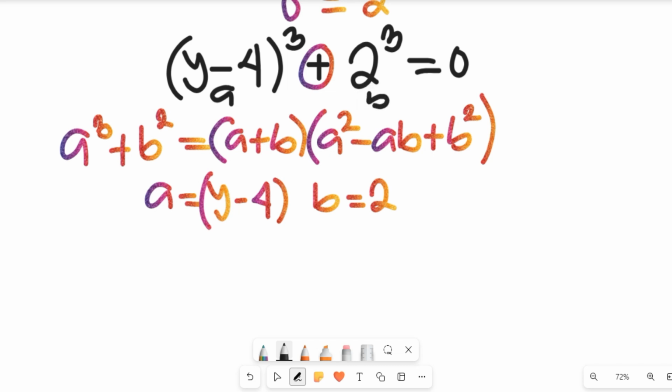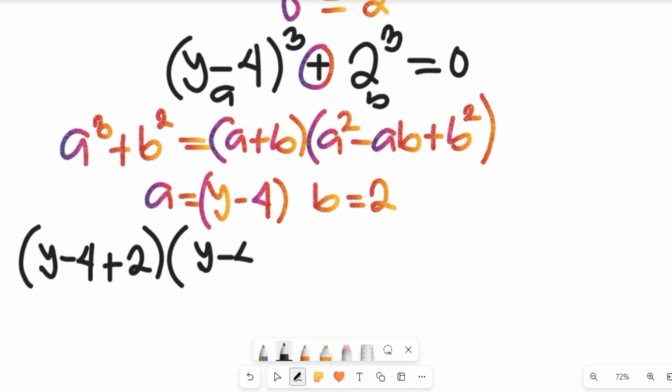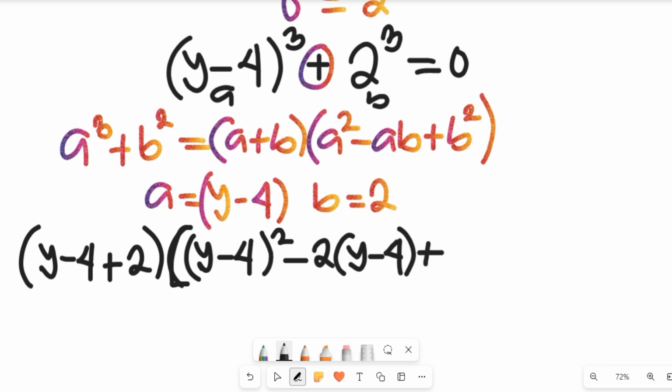So we're going to have y minus 4 plus 2, and this other expression will give us y minus 4, because it's a square, we'll have this squared, and this will be minus 2 multiplied by y minus 4, and this will be plus 2 squared. And all of these will be equal to 0.